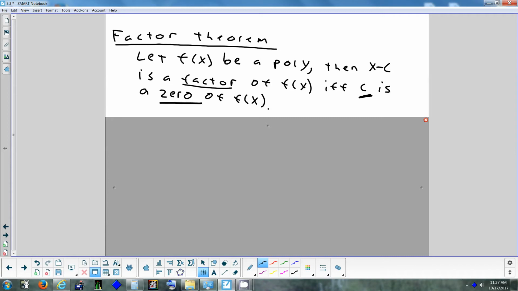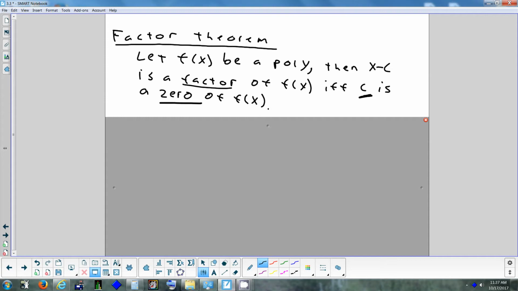The only way x minus c would ever be a factor is if c is a root. Okay, so those two things mean the same thing. If 3, just as an example, is a 0, or 3 is a root, in other words, it's a number I plug in for x, and I get 0 for y.